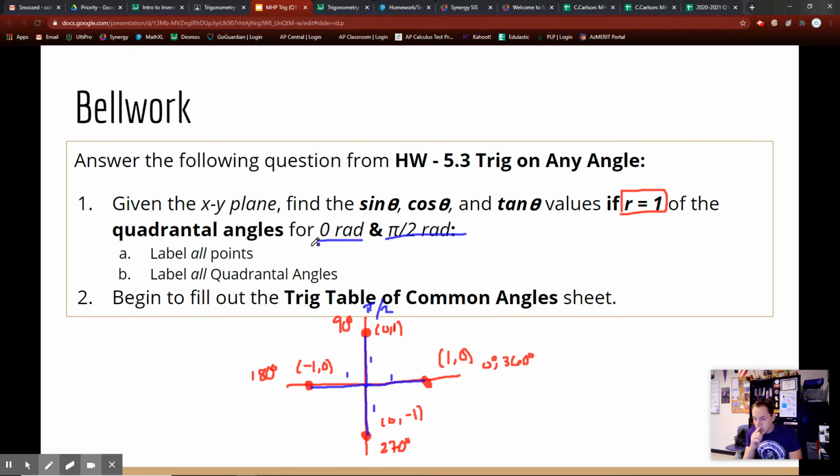Now, you should already have something like this in your notes where you filled out what we call the trig table of common angles. I'm going to give that sheet to you today. By give you, I mean it's going to be on Google Classroom. The whole key is going to be on Google Classroom. Feel free to copy it down, print it off, but I highly encourage you to at least print it off or copy it down, take a picture so you can have it on your phone or whatever.